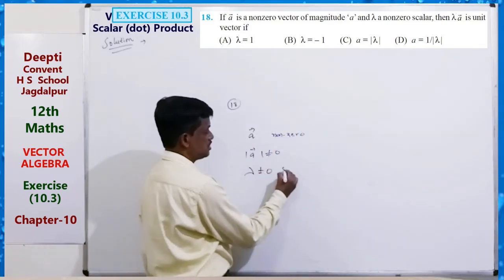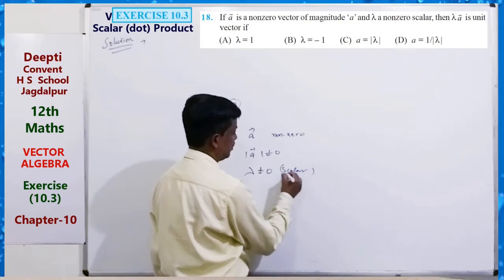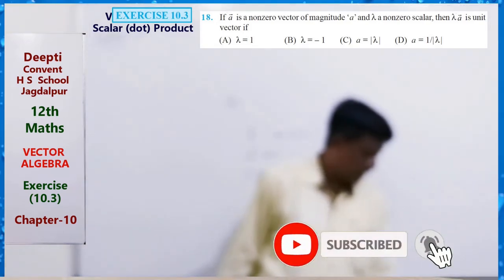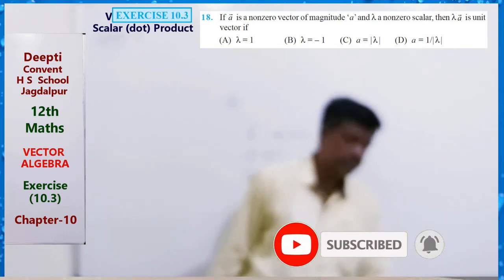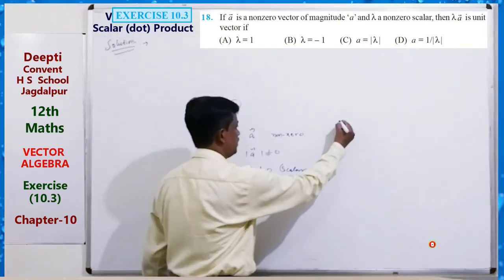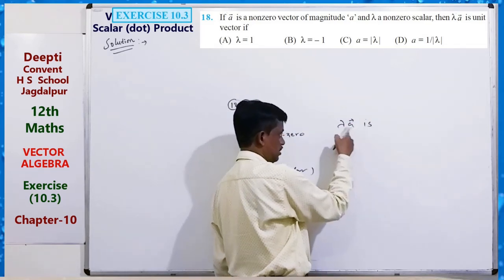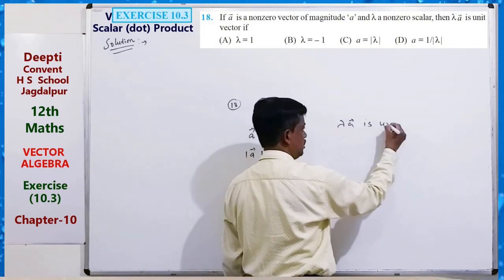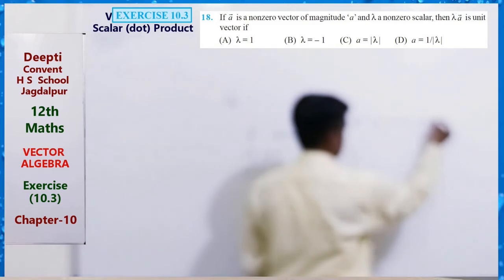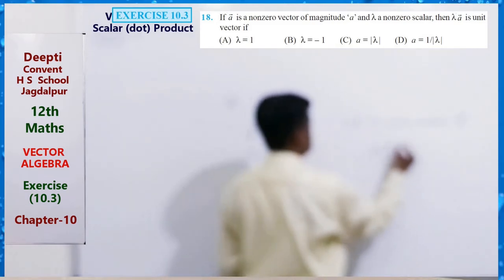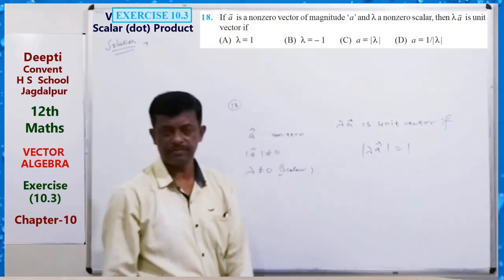Then lambda A, this scalar times vector, is a unit vector if the mod of vector lambda A equals 1.